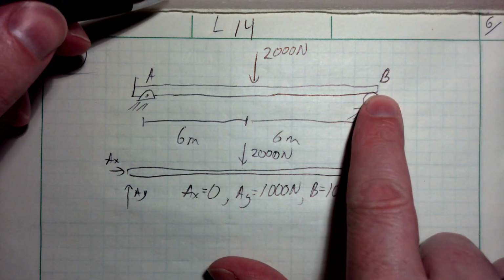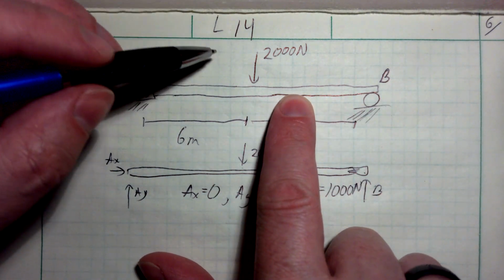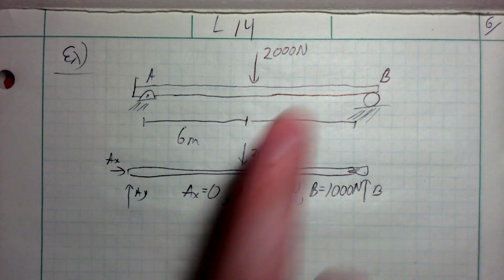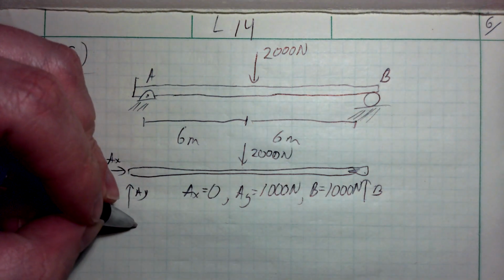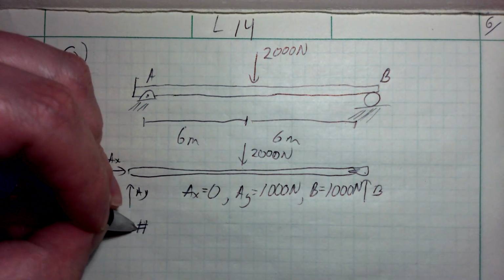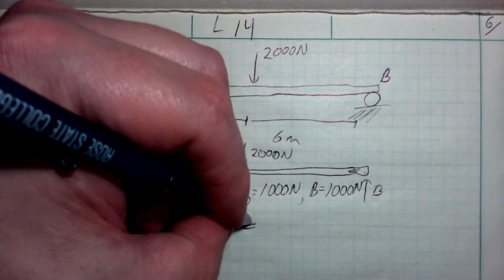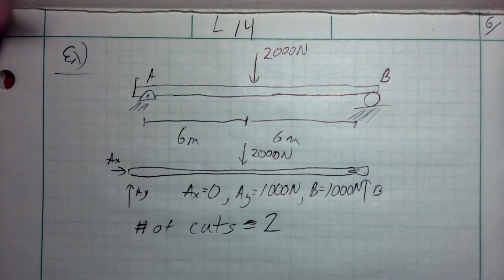You'll see some problems where maybe the roller is over here a little ways, so I would need to cut here, here, and on the other side of the roller. That would give me 3 cuts. But here, the number of cuts is going to equal 2.